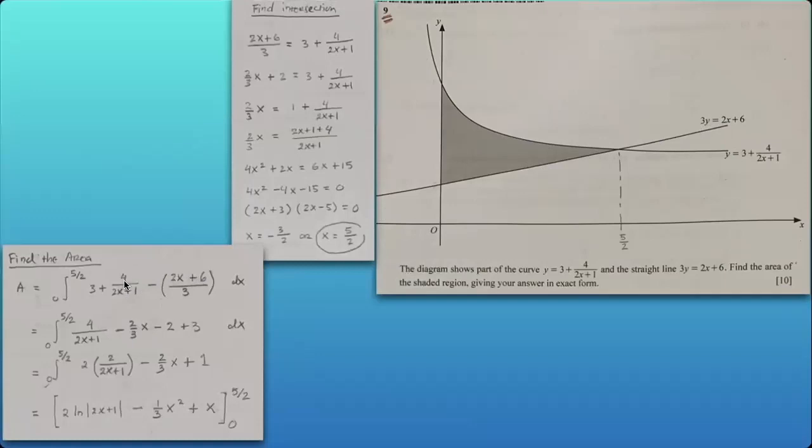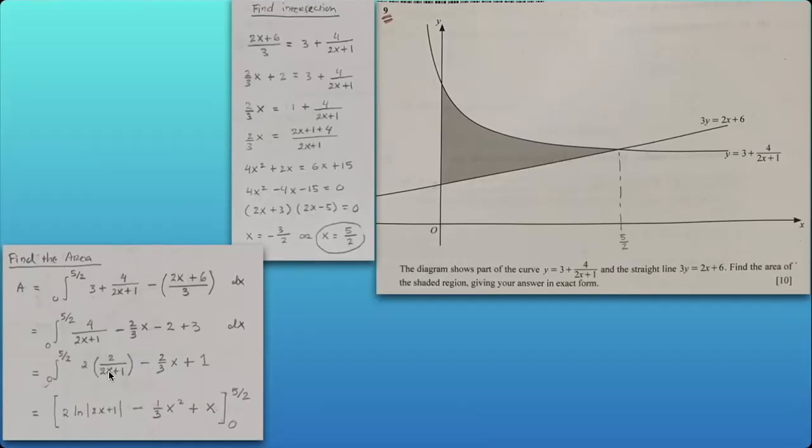So we simplify this expression first into that expression. My apology, I forgot the x. I should have put the x there, okay? And then we can integrate. The integral of 1 is just x. The integral of minus 2/3 x is just minus 1/3 x squared.